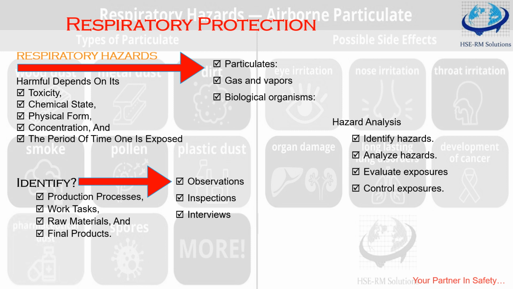Do not apply MUCs to conditions that are immediately dangerous to life or health. Instead, they must use respirators listed for IDLH, immediately dangerous to life and health conditions. When the MUC exceeds the IDLH level for the hazardous substance or the performance limit of the cartridge or canister, then set the maximum MUC at the lower limit. Correct?